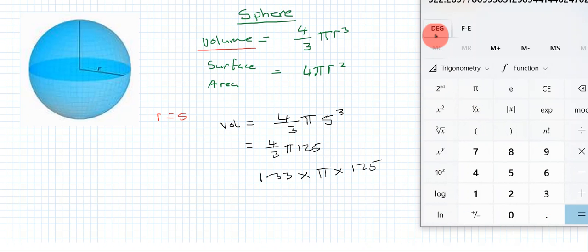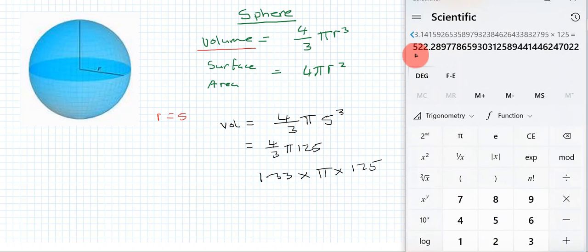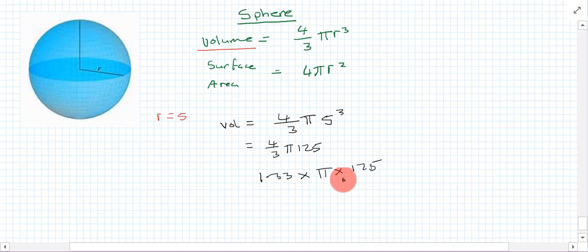And if we work that out, we have 522.28, and if we round that, it's 522. So the volume is equal to 522, and if we say the units are centimeters, it's going to be centimeters cubed. Okay, so that's the volume, and that's how you'd work it out for a sphere that has a radius of 5 centimeters.